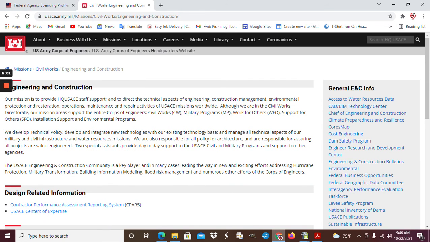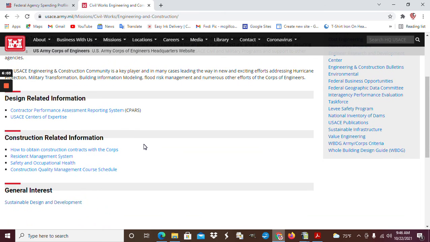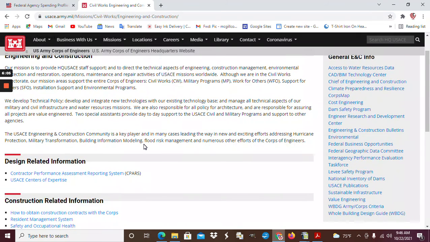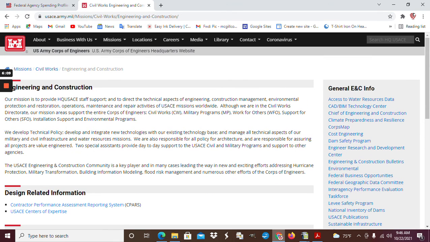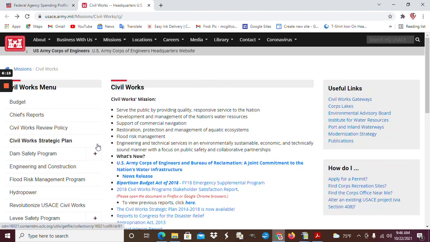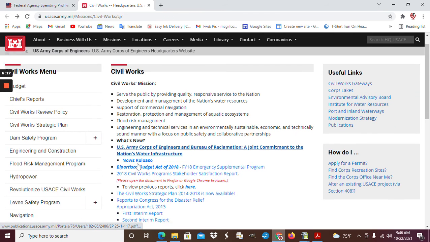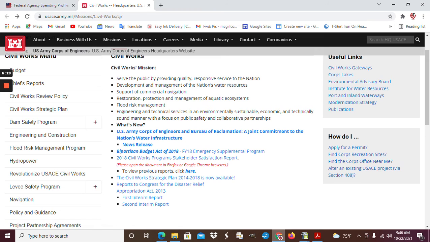They're telling you what their mission is, giving you a little information on what they got going and what their field is. It's just bringing yourself up to knowledge on who you want to be dealing with, who you're going to be shooting after to get some of these contracts.